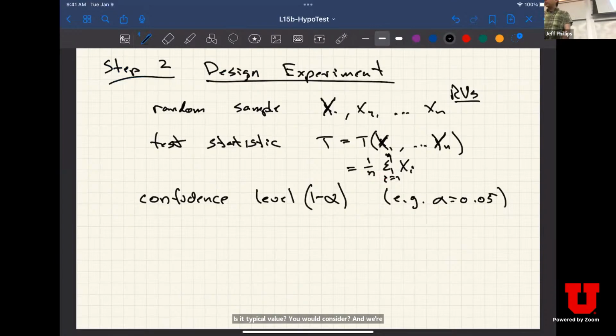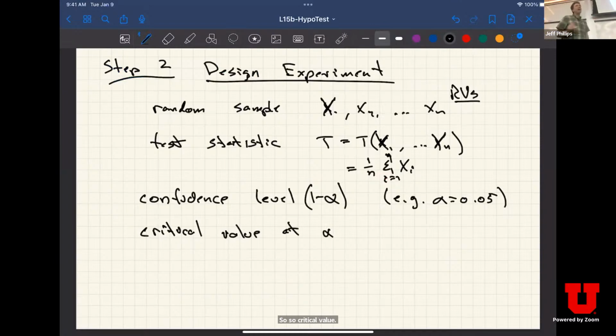And we're going to describe what we call a critical value at alpha. A critical value at alpha is a value where I could say, if I actually recorded data and the data is bigger than this threshold, then I'm going to believe with 95% confidence that the population of Utah is taller than 67 inches on average.